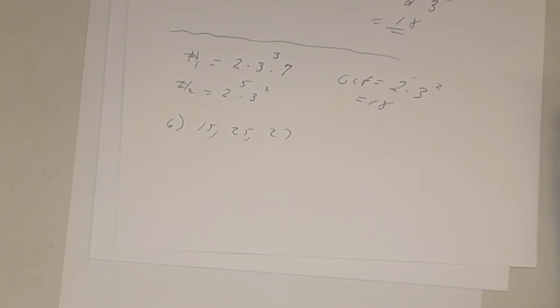The coefficients. So let's say these are my coefficients: 15, 25, 27. I want to find the GCF. Can you look at that right away and tell me what you think the GCF is? What's the largest number that goes into 15, 25, and 27 evenly?